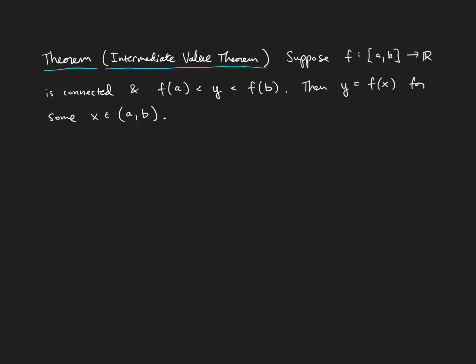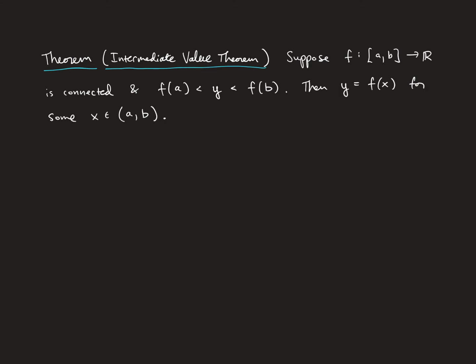So just as with the extreme value theorem, which followed from the preservation of compactness under continuity, we get as a consequence of the preservation of connectedness under continuity the intermediate value theorem. You'll recognize the statement from calculus.